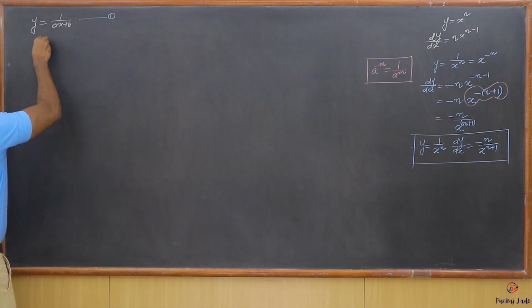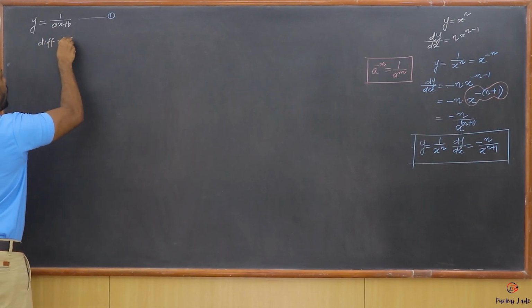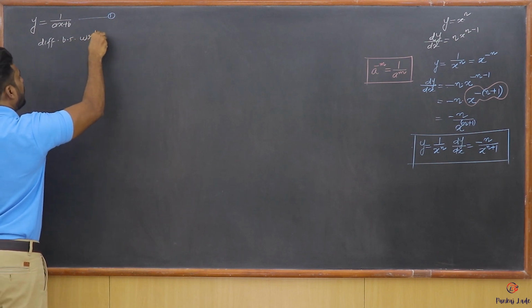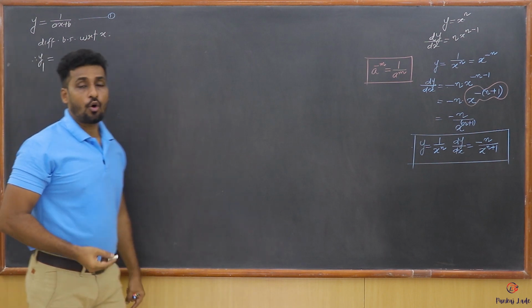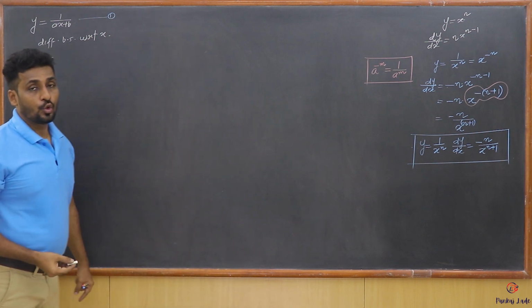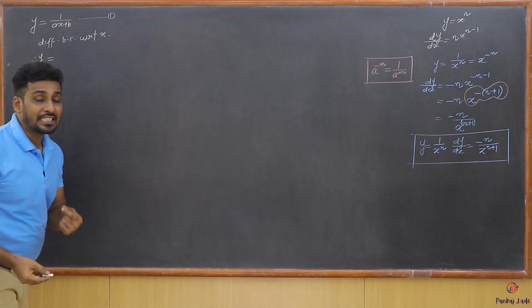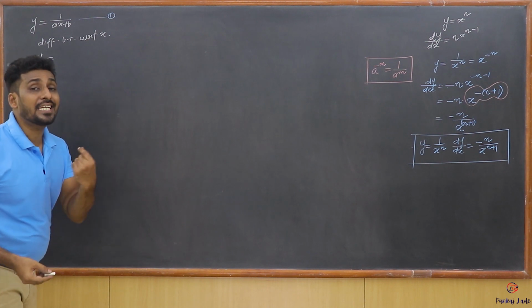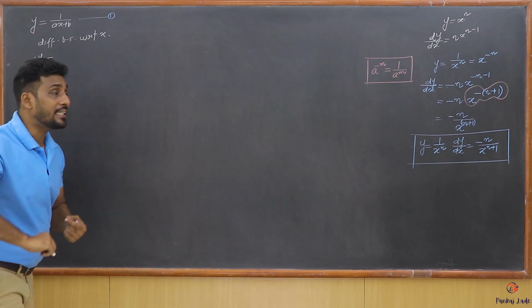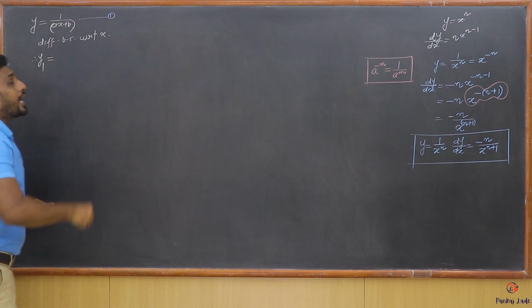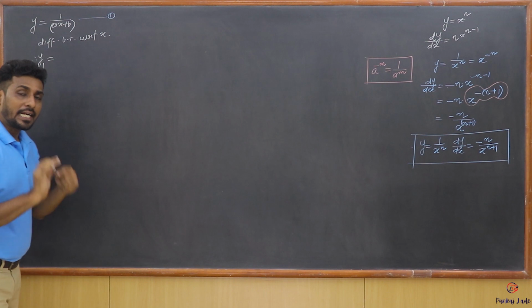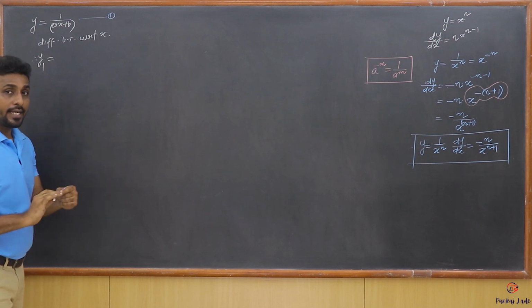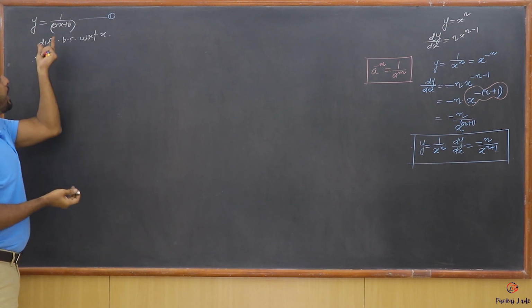So I'm going to differentiate both sides with respect to x. So I get y1, isn't it? The first order derivative, y1. Now 1 upon x, the derivative is minus 1 upon x square. It is for x. Is this x? It is not x. It is a function of x, isn't it? So I will use the exact same formula as I'm treating for x, but in place of x, I have ax plus b.